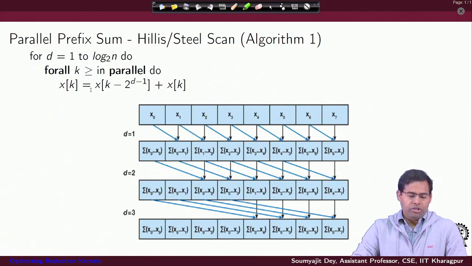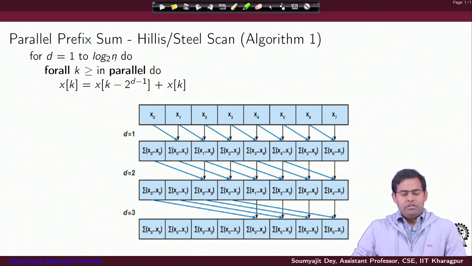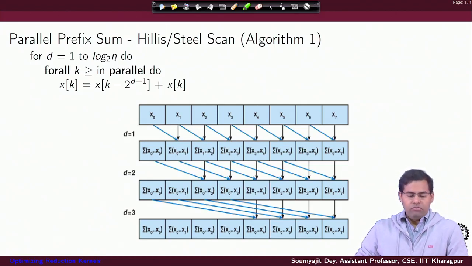So, for every location k, there will be some parallel additions going on, and the number of stages of the parallel additions would be log n. So, we will be doing log n stages of parallel addition, and in each stage, what parallel additions will we be doing?